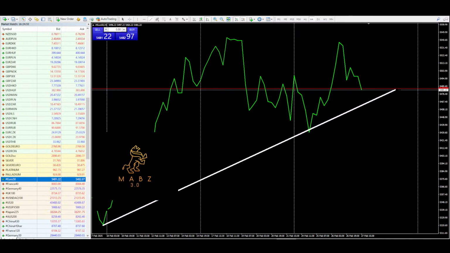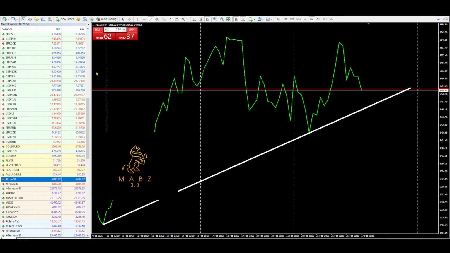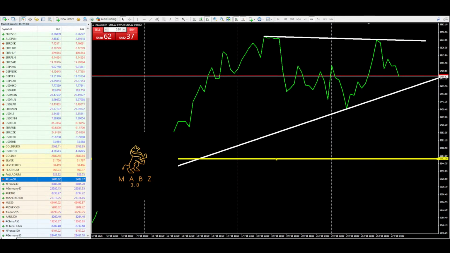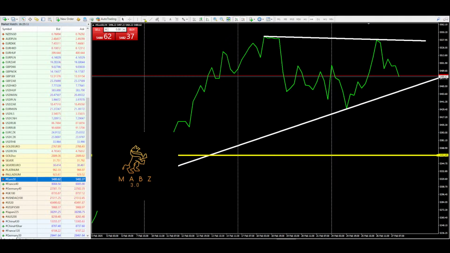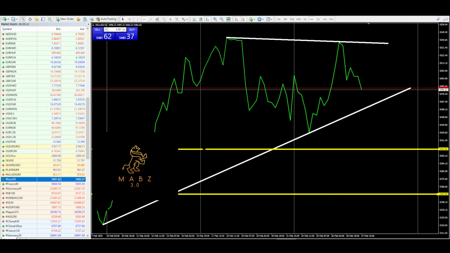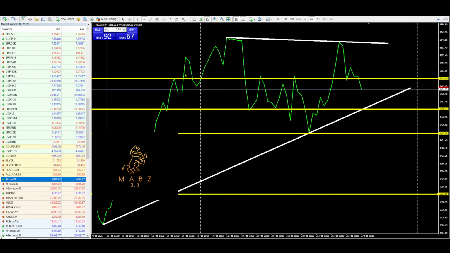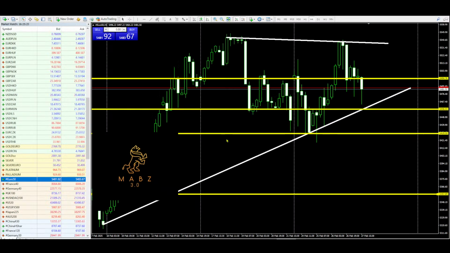I would connect where there are V bottoms and V tops, something like this. I would also use the line chart to do my horizontal support and resistance, like this. It's just another way of doing it when you're doing analysis. And when I'm done, I go back to my candlestick chart.